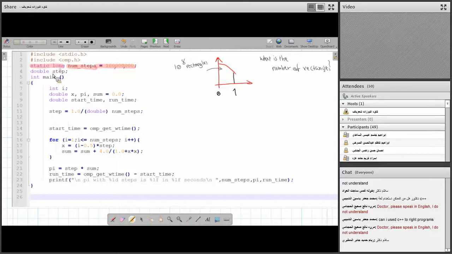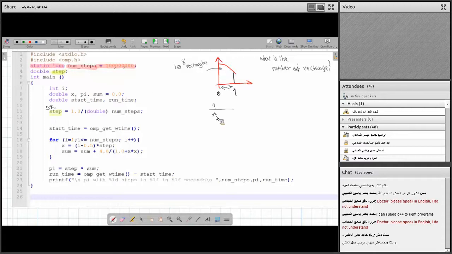And a new variable called step. What is the step? step چیه؟ همون دلتا ایکس که تو مثال قبل خدمتتون گفتم. این بازه از 0 تا 1 تقسیم بر number of steps به ما دلتا x را خواهد داد.